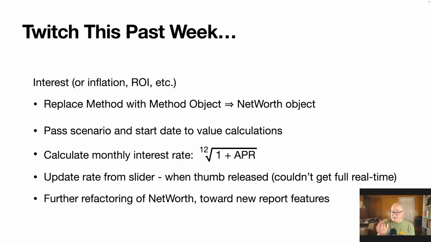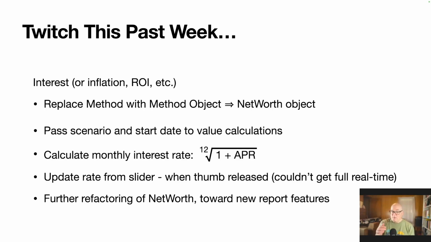We're going to have compound interest, so exponents get involved. All right, and then what we do is we update the rate from a slider. Our assumptions are a set of sliders, and you can create them and name them and everything. But once you have them, you can change the interest rate and see what happens to your graph, basically.